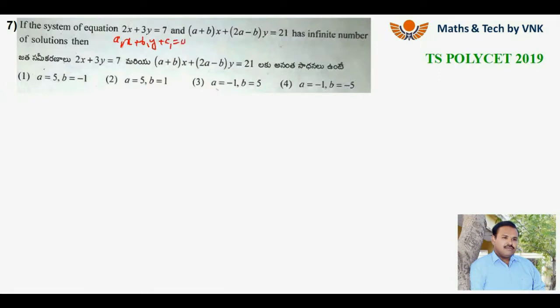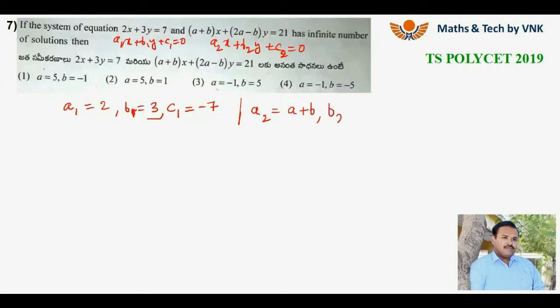Then a1 value is equal to 2, b1 is equal to 3, and c1 is equal to minus 7. Compare the second equation with a2x plus b2y plus c2 is equal to 0. Then a2 is equal to a plus b, b2 is equal to 2a minus b, and c2 is equal to minus 21.